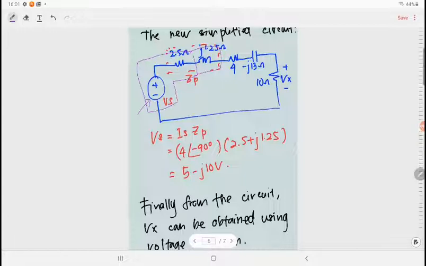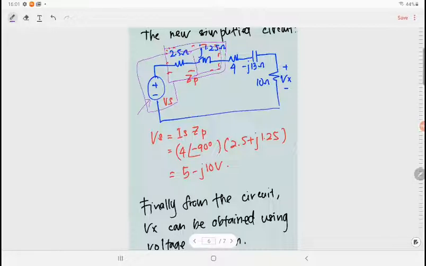So Is is 4 with a negative 90 degree angle times Zp, which is this part, guys, 2.5 plus j1.25, right? So by using your calculator, we get Vs equal to 5 minus j10 volt. So this is the new value for our Vs, right?